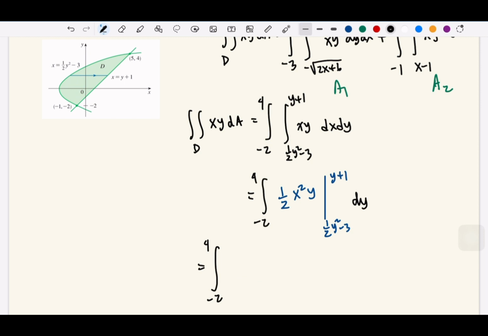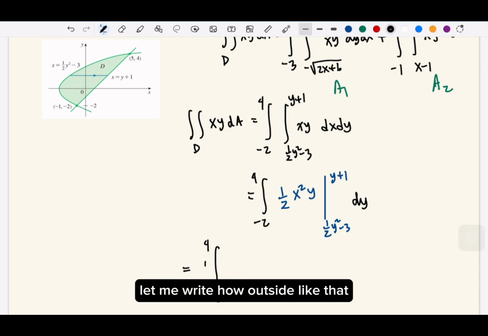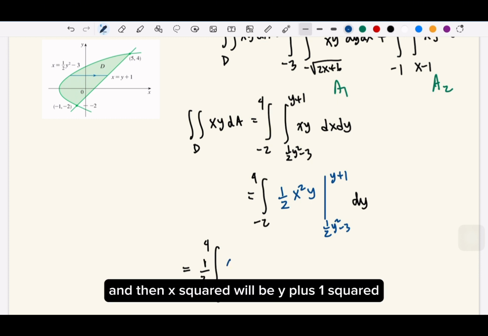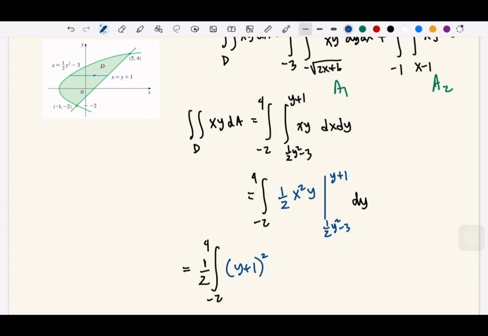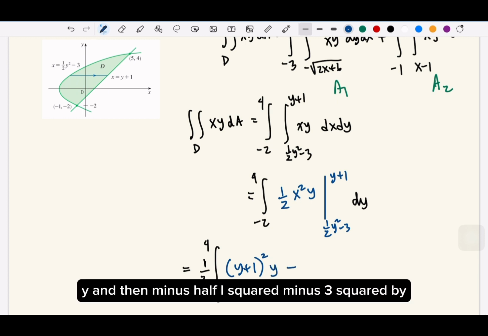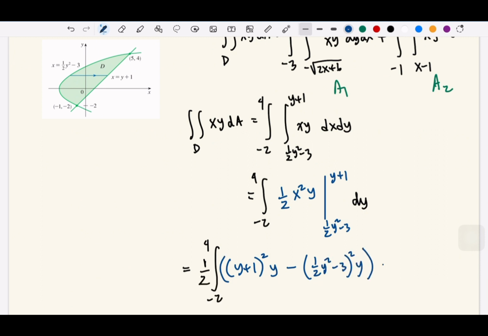We write half outside like that. And then x squared will be y plus 1 squared times y, minus half y squared minus 3 squared times y, dy.